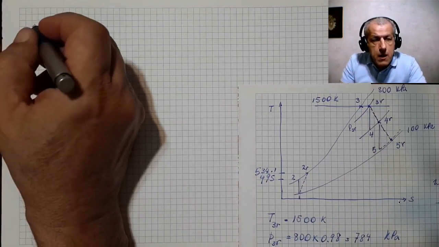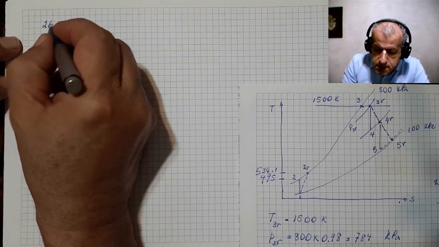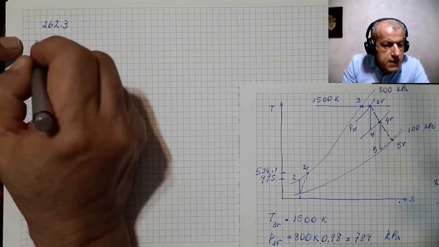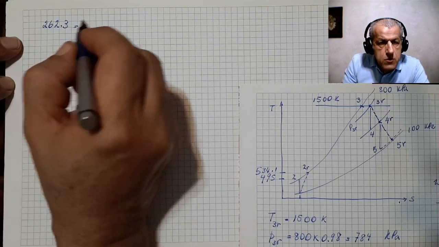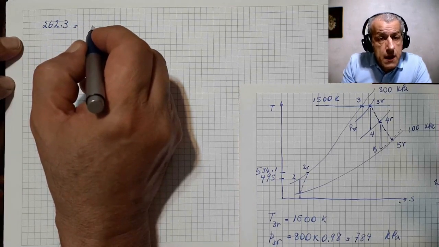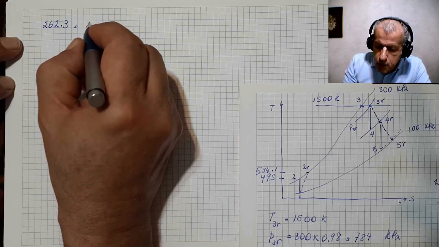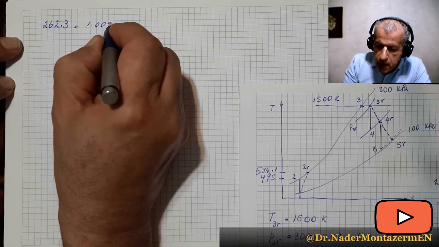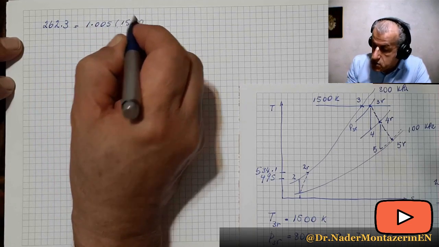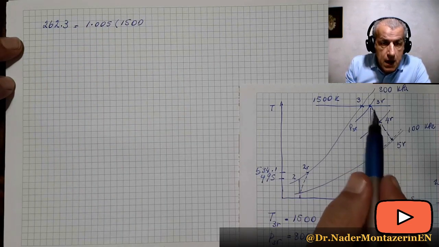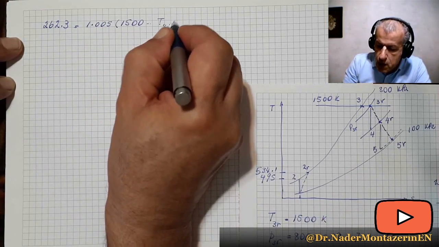The work required by the compressor was 262.3 kilojoules per kilogram, and the work produced by the real high pressure turbine is 1.005 times 1500, which is T3R minus T4R.